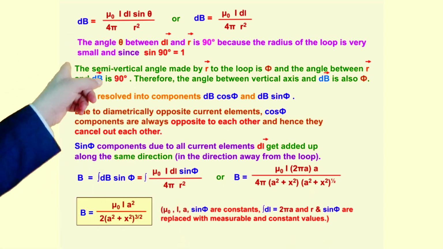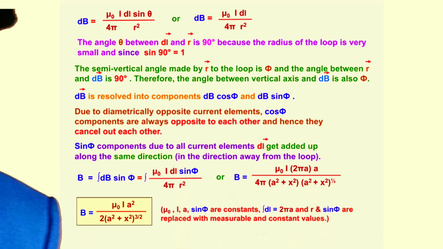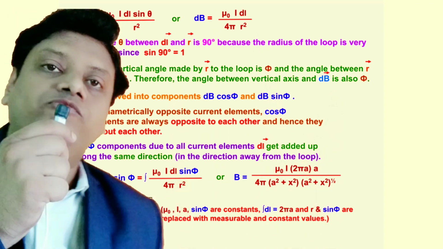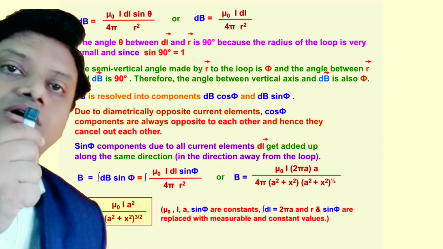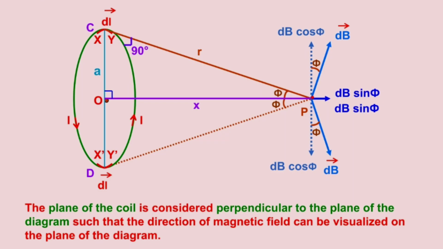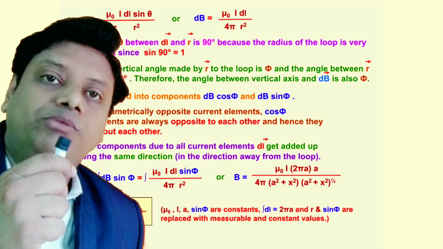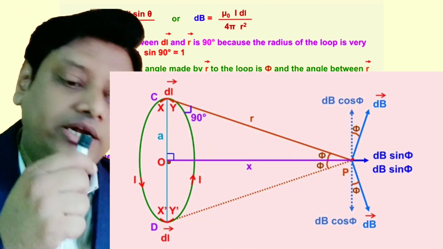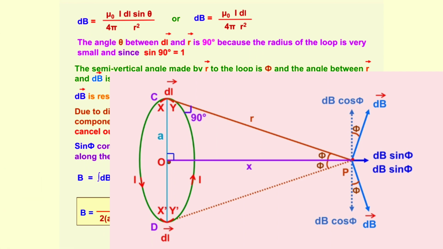Here this angle theta is the angle which the plane of the coil makes with the line joining the point P to this current element, that is the line in the diagram which joins your coil to the point P. So the angle between the plane of the coil and the line joining to the point P is theta, which in our case is 90 degrees. So sin theta becomes 1, and we get the expression dB equals mu naught upon 4 pi, I dl upon r square.